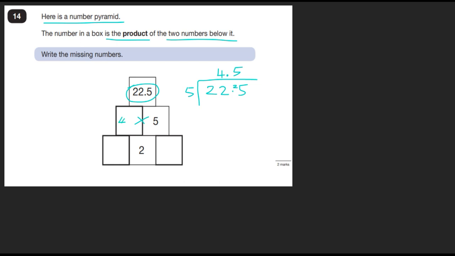So here is 4.5. Now 4.5 is going to be divided again by 2. 2 times 2 is 4, decimal point, 2 times 2 is 4, 1 remaining, so 1 with 0 is 10, 2 fives are 10. So this number is 2.25. Now 2 times 2.5 gives the 5. Right, so this is how to do the question.